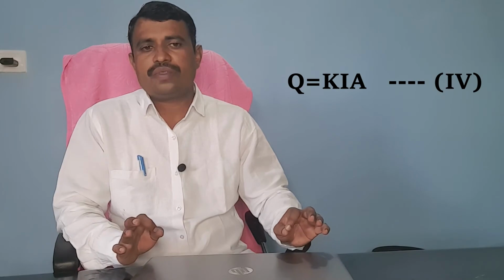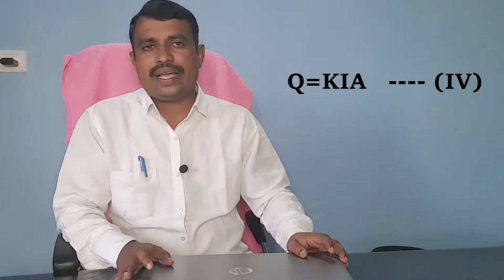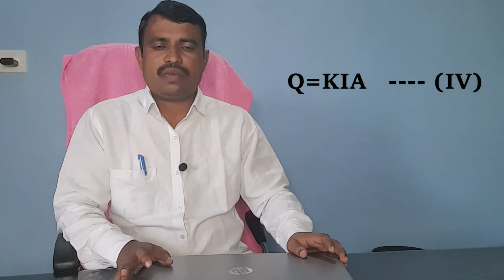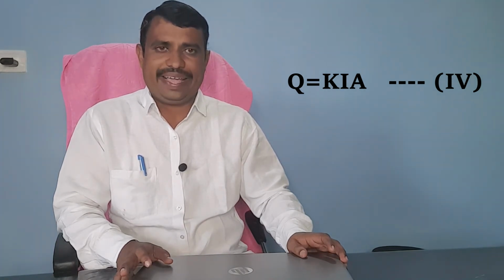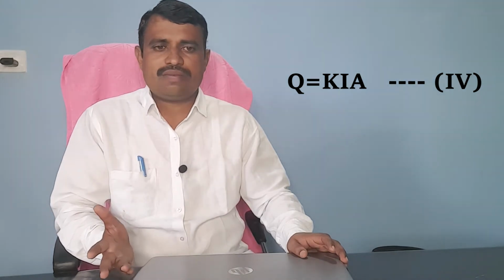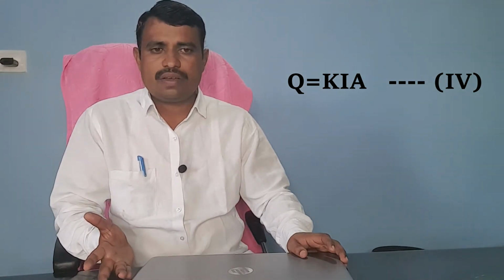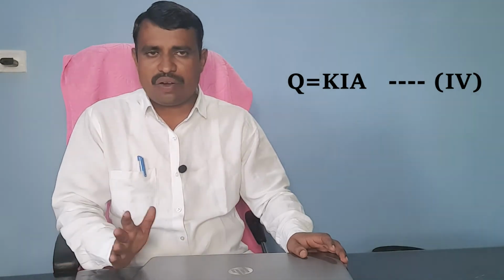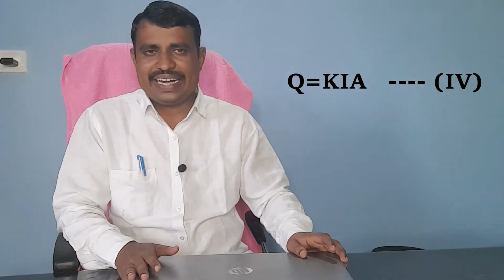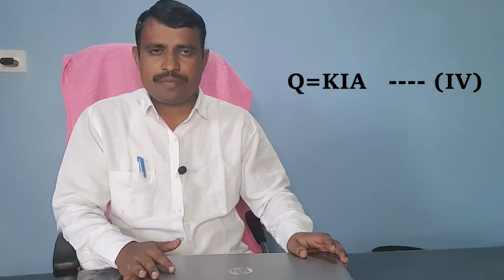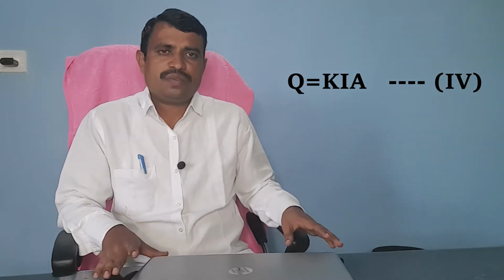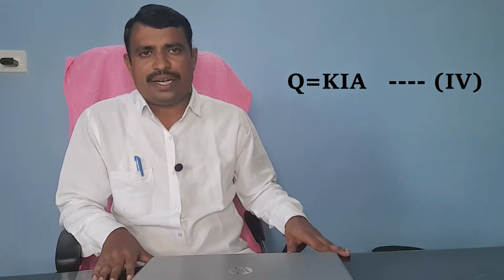Therefore, Q equals K into I into A. Q is the discharge, we are very familiar with that. I is the hydraulic gradient and A is the cross sectional area, and this equation is finally proved. So Q equals K into I into A.